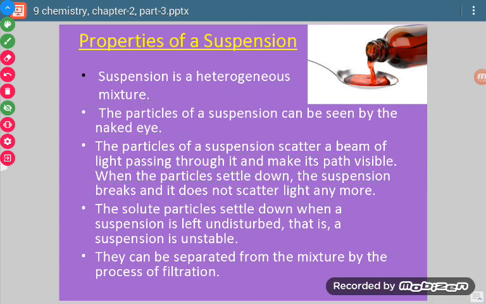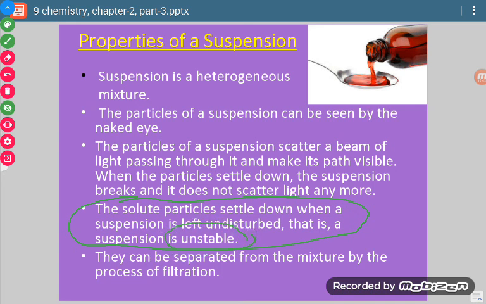Next, solute particles settle down when a suspension is left undisturbed. In the case of a solution, if we keep it, no change is observed, but if we keep a suspension, the distributed particles will start settling down. So we can say a suspension is unstable.